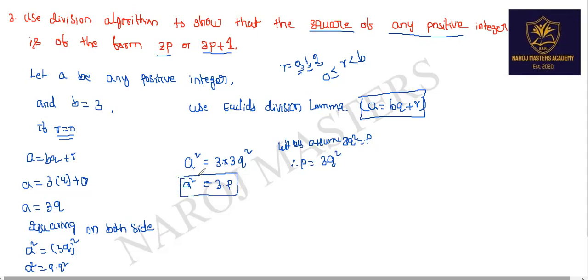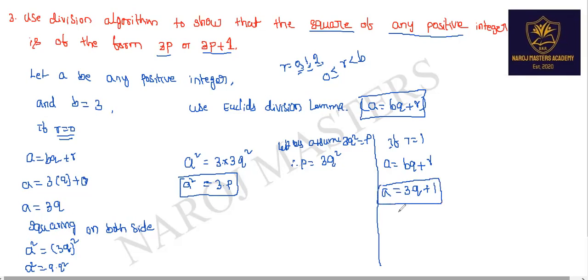Okay. Now substitute if r is equal to 1. Again the same procedure. a is equal to bq plus r, and substitute the b value. b is 3 here and q plus r is 1. So a equals 3q plus 1.